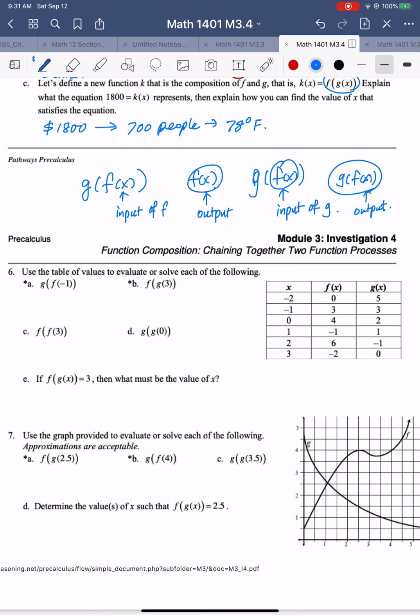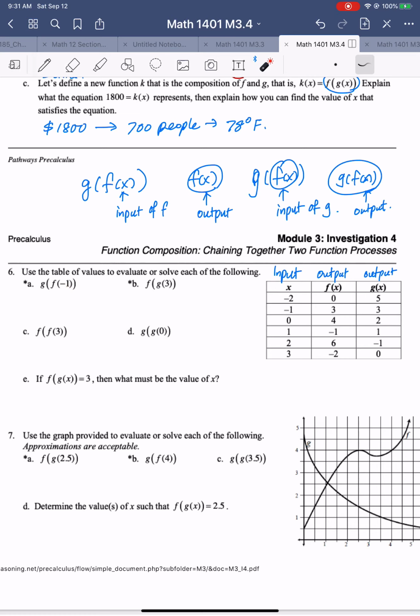All right, so -1 is an input for the f function. All the inputs are right here, and this is the output for the f function, and this is the output for the g function. So the input is -1.